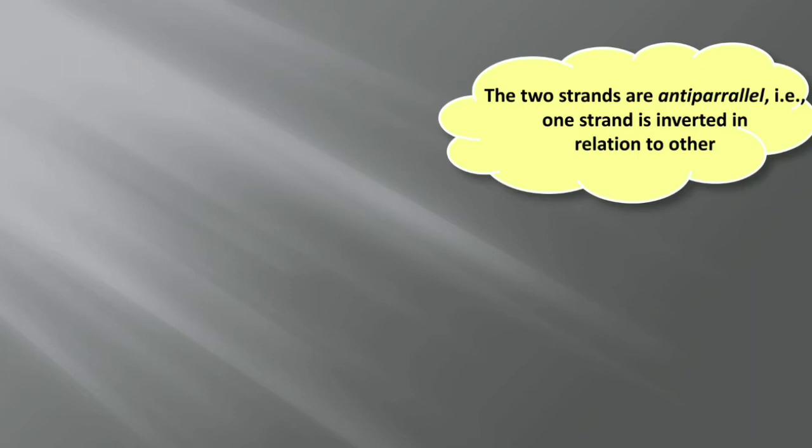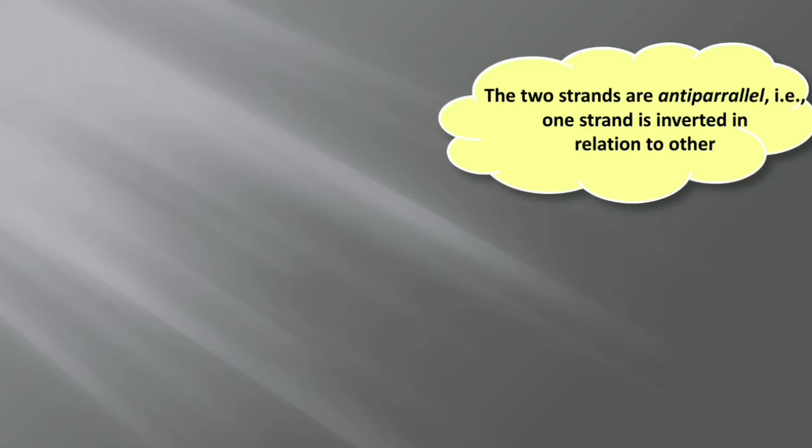That means both the strands run parallel and do not cross each other. We compare it to a twisted ladder because the two strands run at equal distance and do not overlap anywhere. So one strand is inverted in relation to the other.